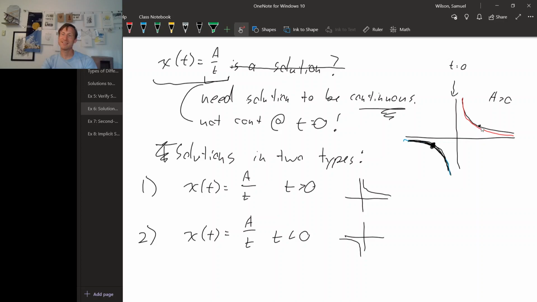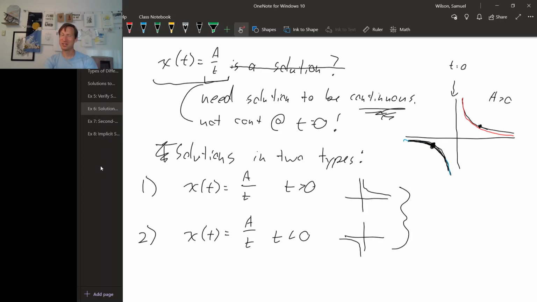Similarly, if you started somewhere on the right-hand side of this graph, the differential equation would show you how to continuously trace out the red piece, but it couldn't help you jump across this gap because of the discontinuity. So that's why we're going to insist that our solutions be continuous, and that breaks this single graph up into two types of solutions for this differential equation.